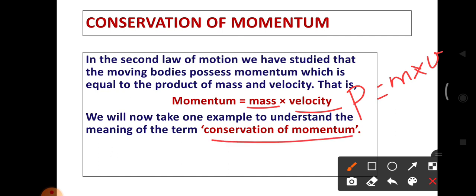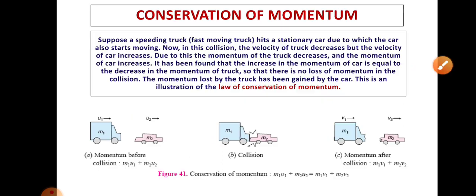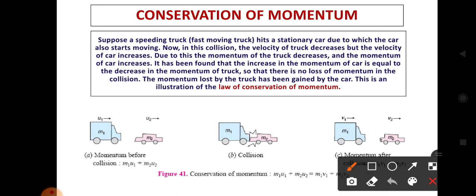So what is meant by the conservation of momentum? Look at this image. Here this is a car and this is a truck. Suppose a speeding truck hits a stationary car, due to which the car also starts moving.